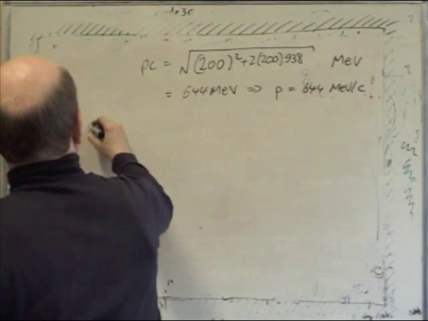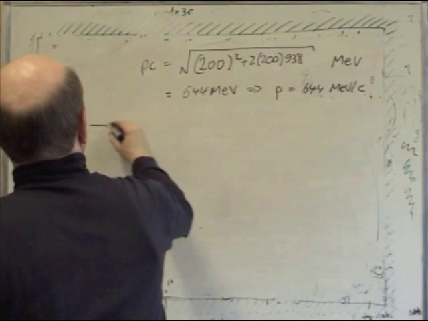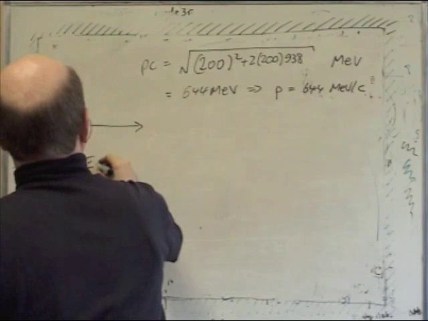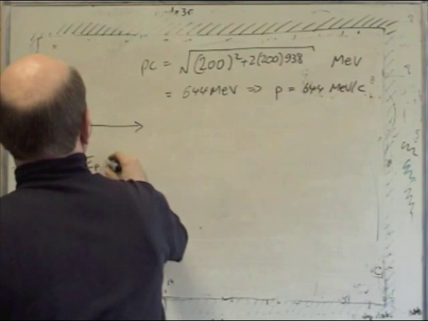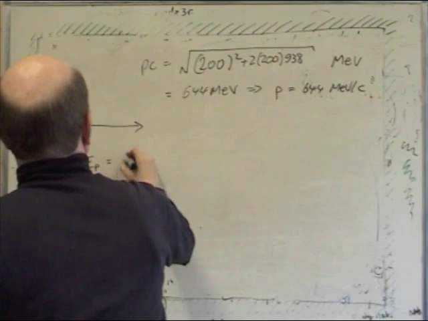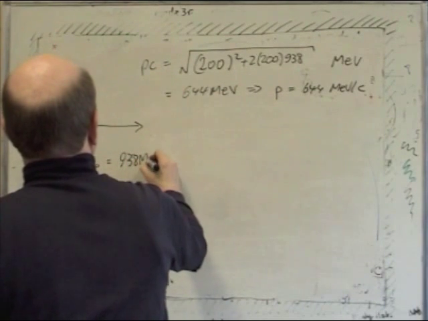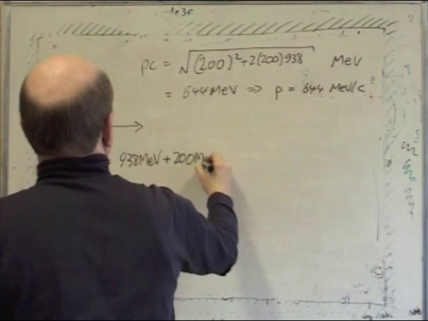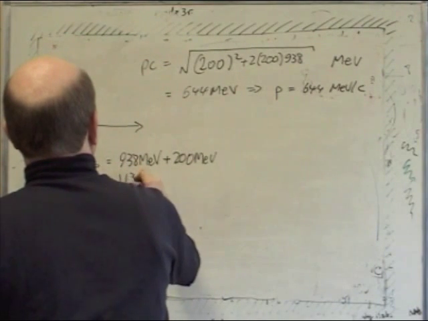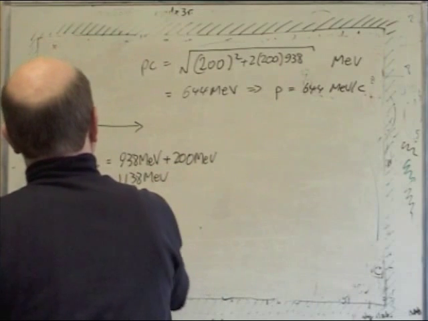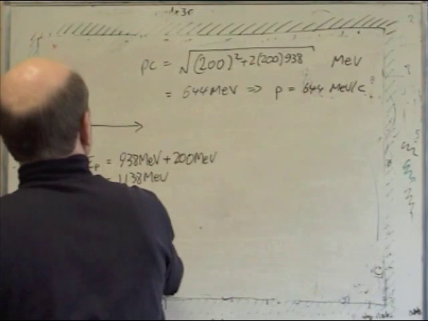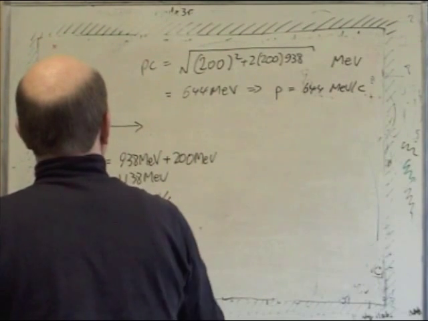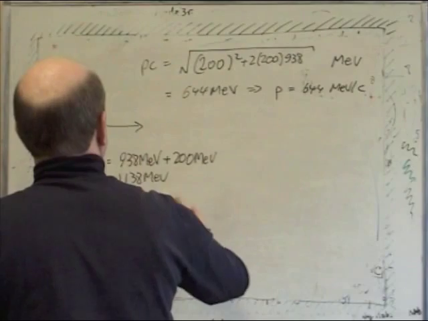So here you've got the proton coming in from this direction, and it has a total energy of 938 MeV for its rest energy, plus 200 MeV kinetic, which equals 1138 MeV total, and its momentum P, we've just figured out, is 644 MeV upon C, so Pc is just 644 MeV.